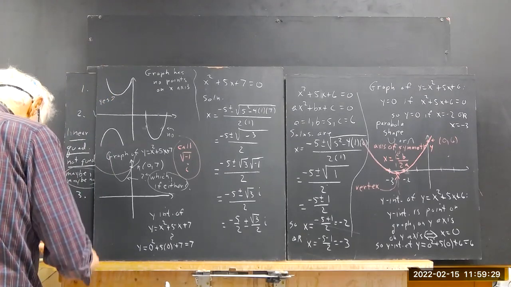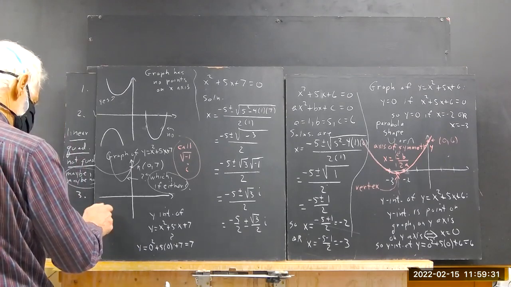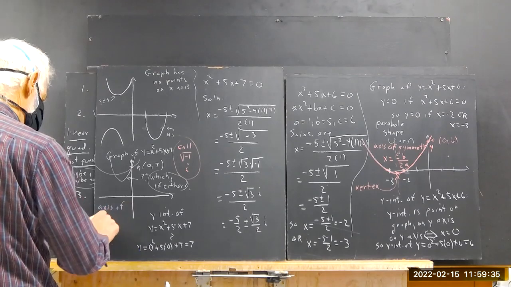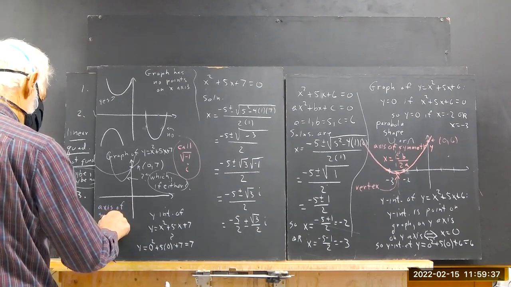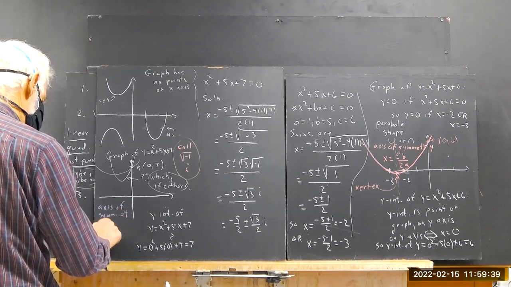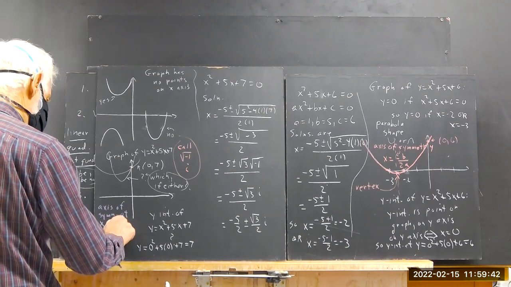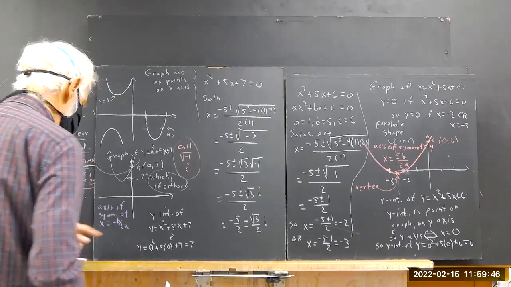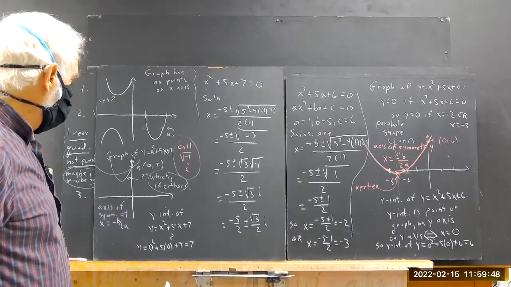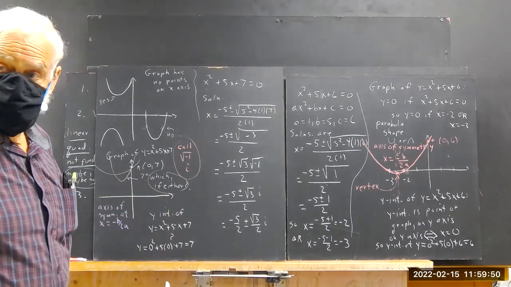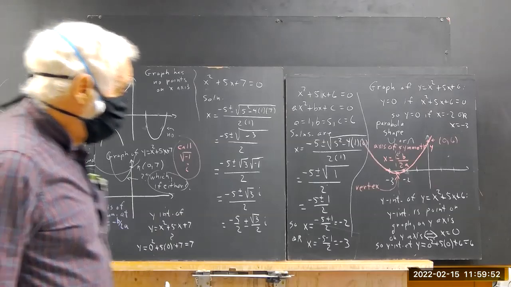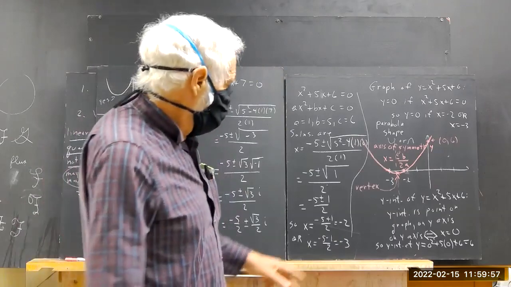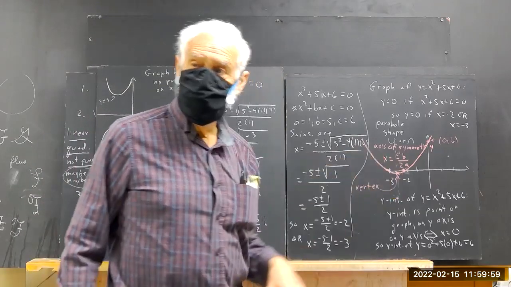Let's go back to the axis of symmetry. I said x equals negative b over 2a for the same reason it was before, except that reason doesn't really hold because you don't have real zeros to go halfway between, right?